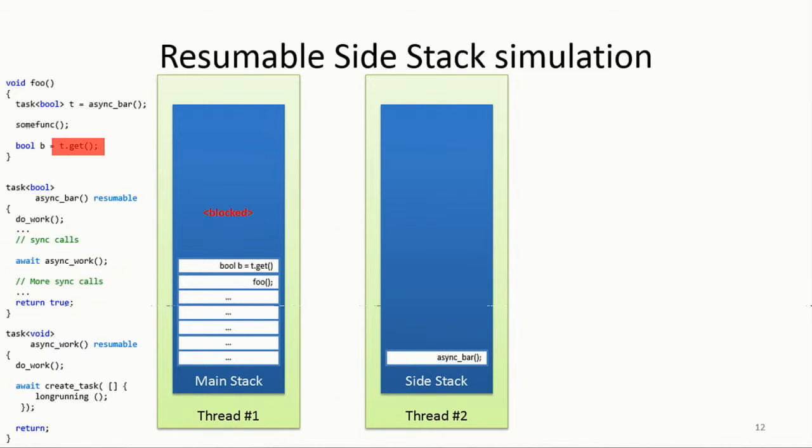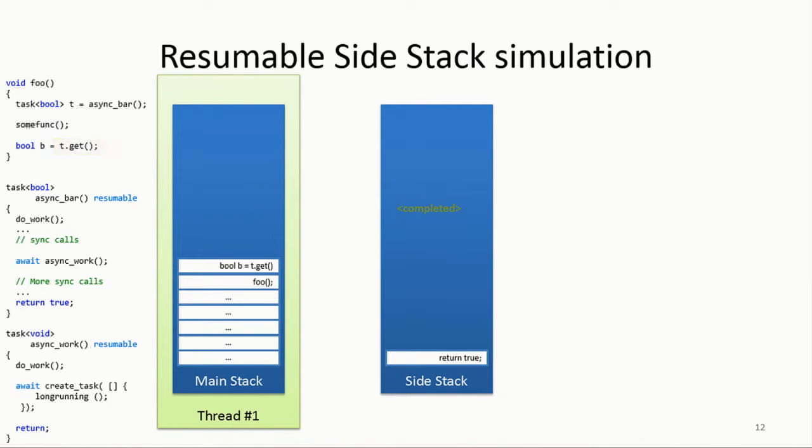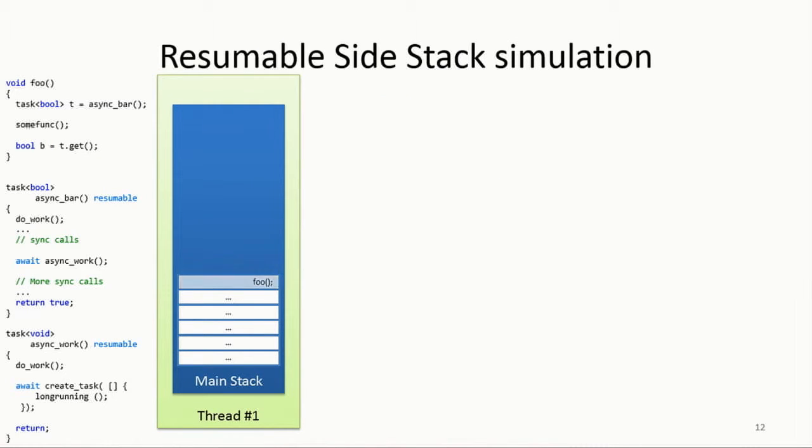And in this case, because we don't need the thread anymore that was inside async work, we can move that thread over to async bar and start executing using that thread. This is actually something that PPL does for you already. Now at some point, async bar is going to complete, it's going to return true. And now we have our result back on the main thread. So the main thread was blocking in this case. It gets the result back and can unwind the stack.